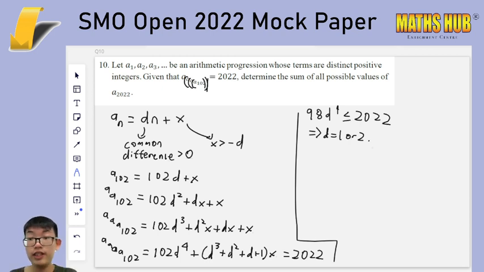And once you have that, it is pretty easy to calculate. If d is 1, then x is just going to be 2022 minus 102 divided by 4. So in either case, just substitute and check. You will get x is 475 for this case. And I chose the coefficients so that when d equals 2, there's also a solution. When d equals 2, x would be 26.